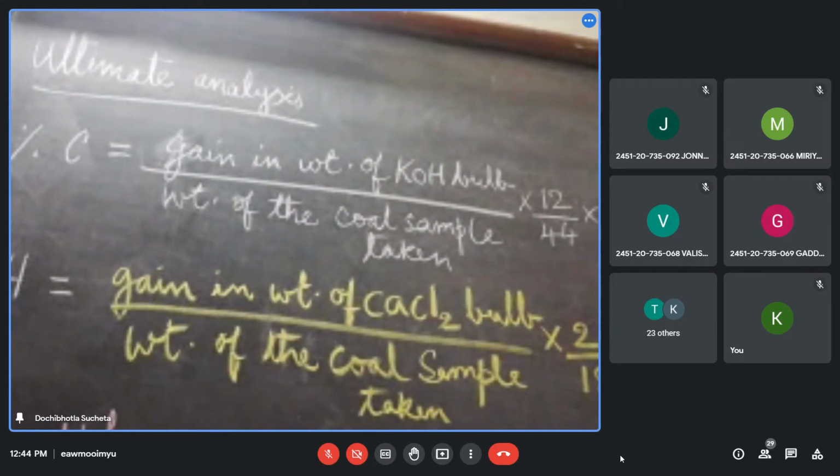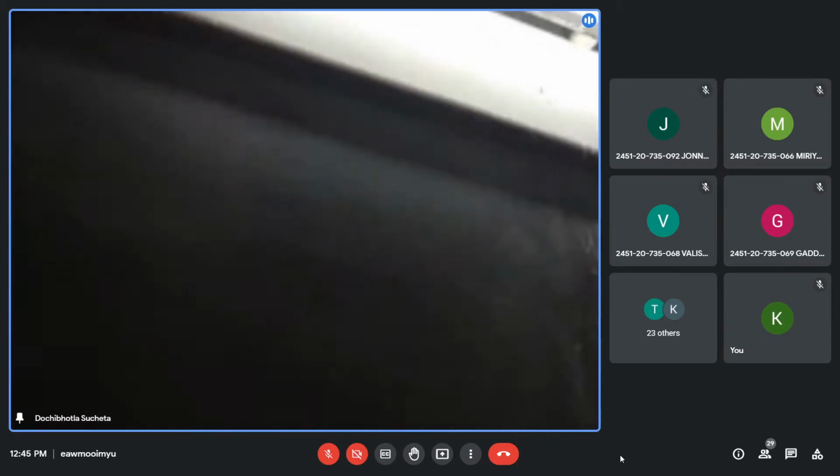Now I have moved to the next operation of finding the percentage of hydrogen. Actually, both these steps are done at a go. Now, again, it is the percentage of hydrogen.